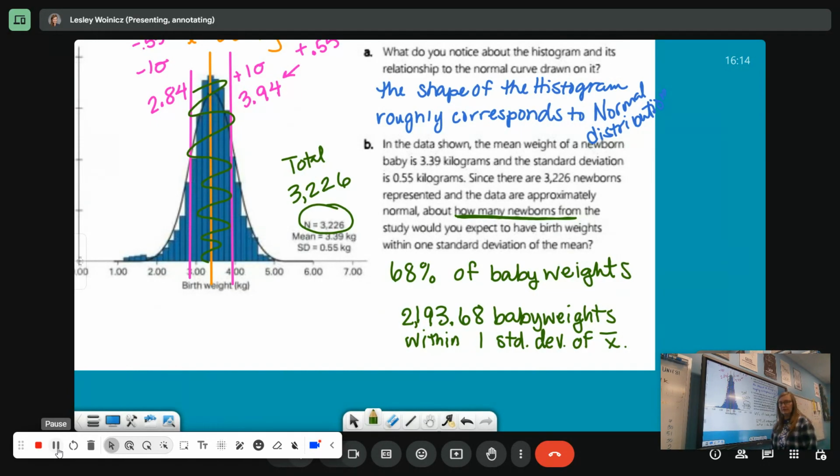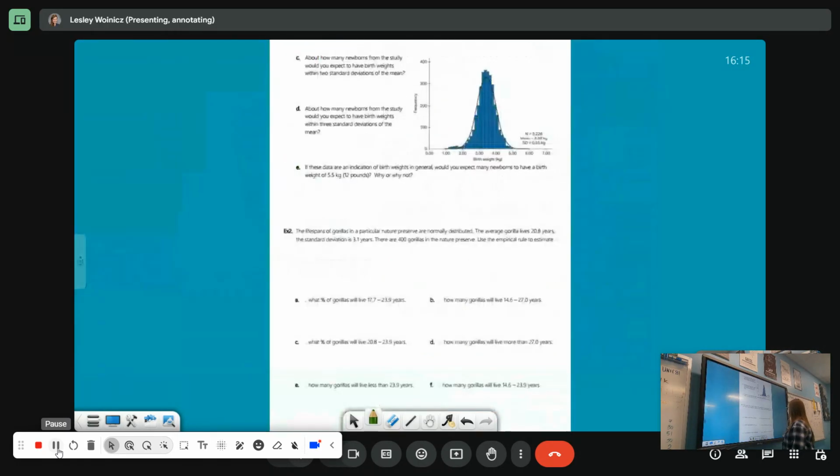All right. So we use the empirical rule saying 68% of our data is likely to be within 1 standard deviation of our mean. And we use that 68% and we find 68% of our total baby weights. And it tells us how many babies were in the middle. Okay.